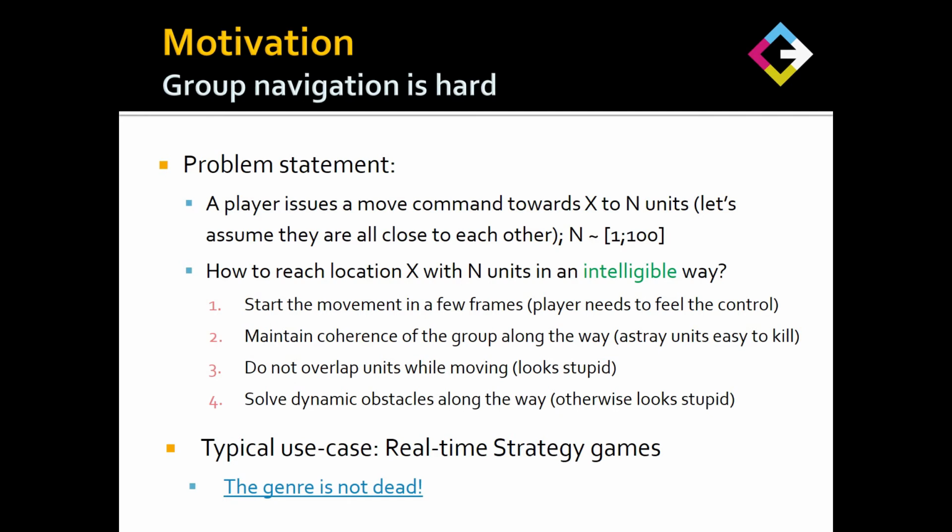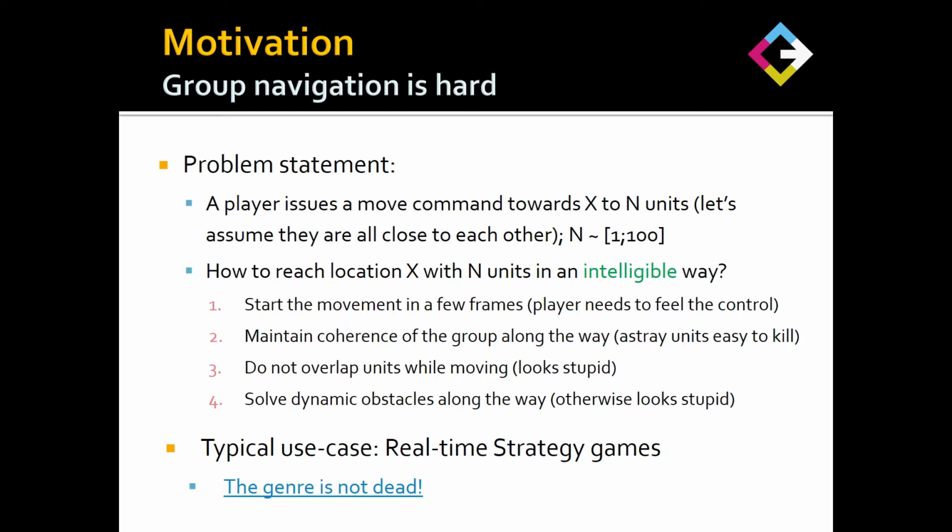To summarize, group navigation is a task that typically occurs in real-time strategy games, when a player issues a move command towards some location X to n units at once. The n can sometimes be quite high, like 100, and the problem is how to reach that location with those units in an intelligible way.